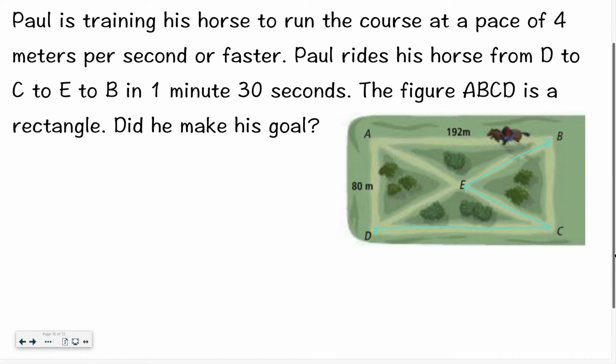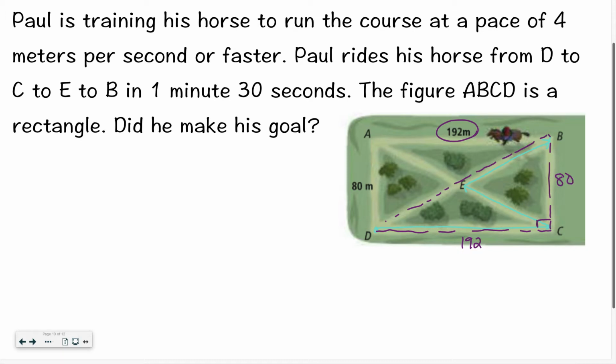So the way that we can solve this is if I look at this whole triangle, I have a right triangle, and I know that this measures 192 because this one is. And I know this is 80 because this one is.